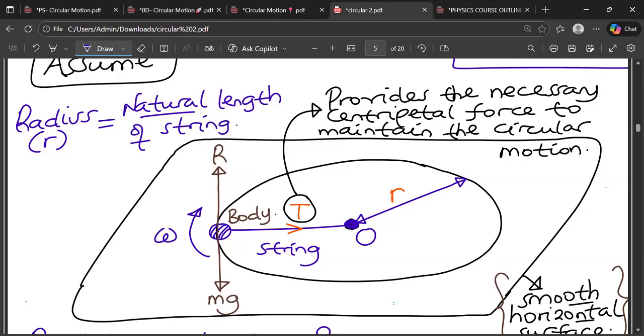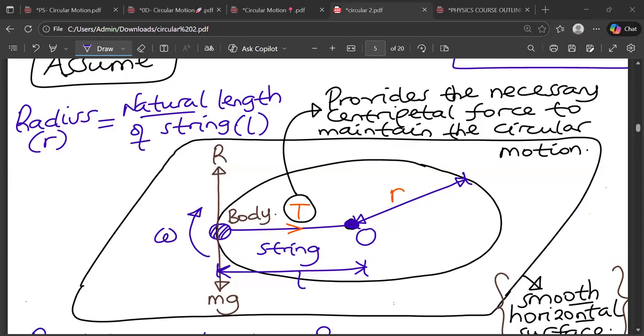Do people see that? That radius is equal to natural length of the string L? What do people need me to illustrate? The string is coming from there up to here. That's the natural length of the string L. But you can also see the radius. It is almost the same thing. It is from the center to the periphery of the circular motion.